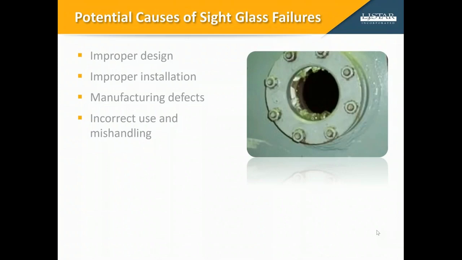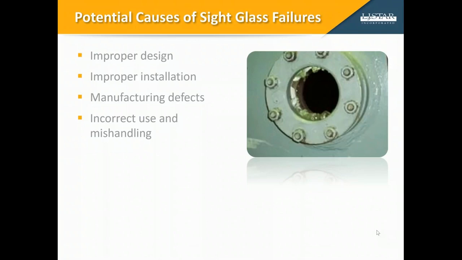Any number of factors can contribute to sight glass failure, like the one you see here. A sight glass failure can be attributed to improper assembly design, such as flanges that are too thin, too few bolts, a cushion gasket that is too soft or too thick, or inadequate glass thickness.